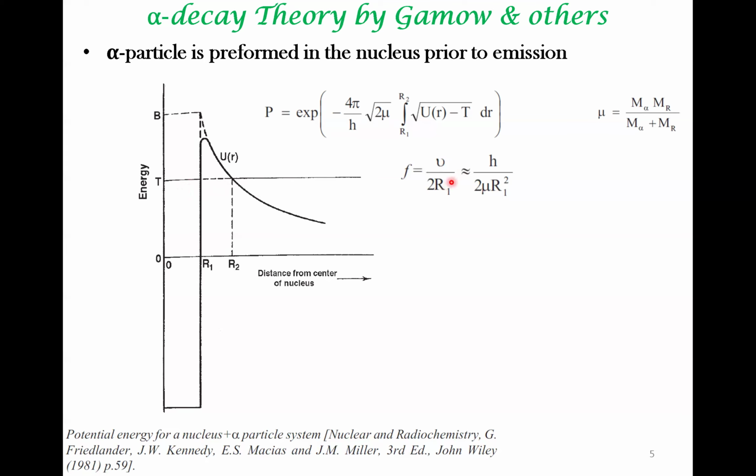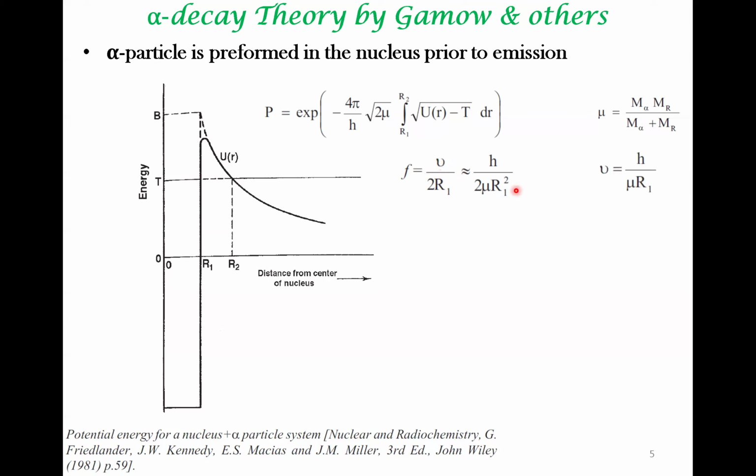So v by 2R1 is based on the velocity of the particle and the distance it travels to come back. You can imagine this particle to be oscillating, and the frequency of oscillation is the attempt frequency for crossing the barrier. So how do we get v?